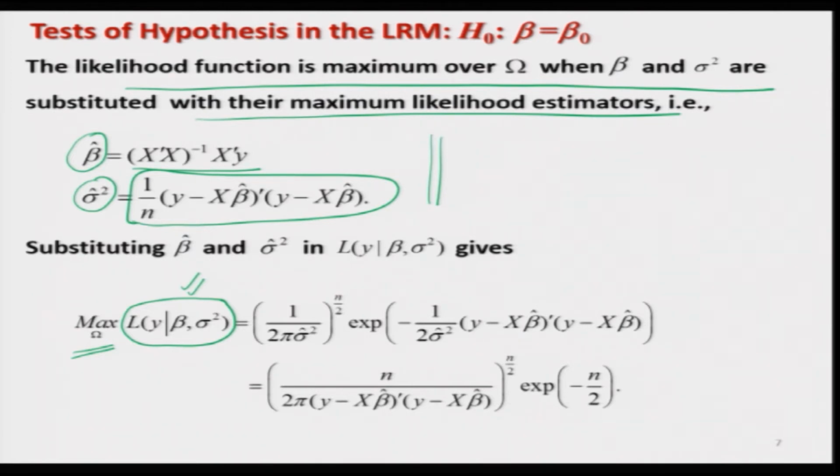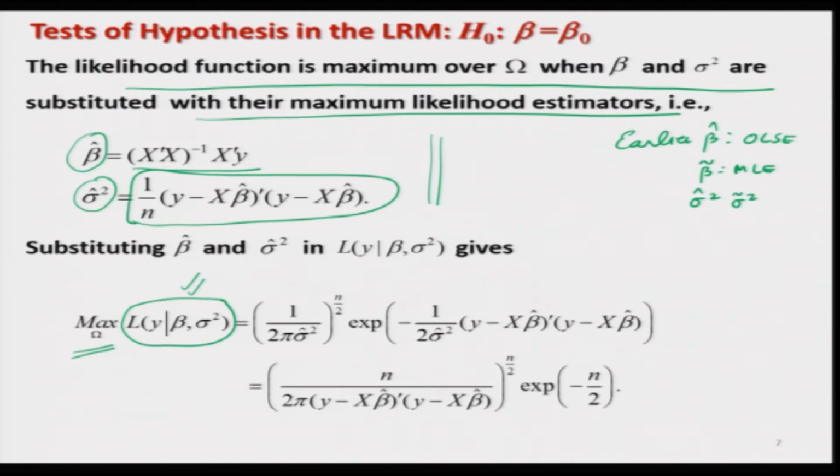For example, earlier I had used beta hat for the ordinary least square estimator of beta, and beta tilde for the maximum likelihood estimator of beta, and the same was true for sigma square hat and sigma square tilde, the least square and maximum likelihood estimators of sigma square.